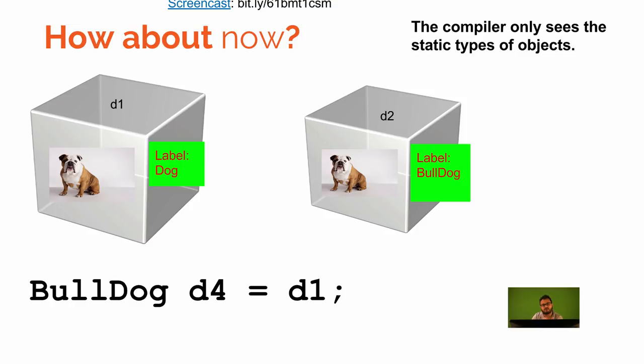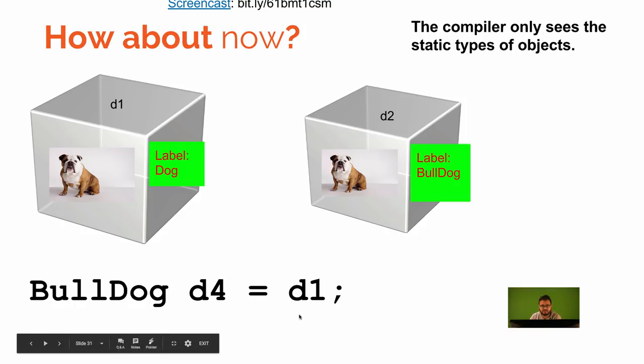What's going to happen? The compiler will create a box called D4 for a bulldog. And then it will see that this D1 box is labeled dog. So as far as the compiler is concerned, it asks itself, is it possible that in here there is a poodle or another kind of dog? And the answer is yes.